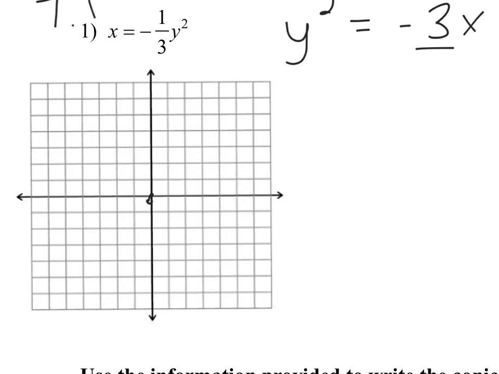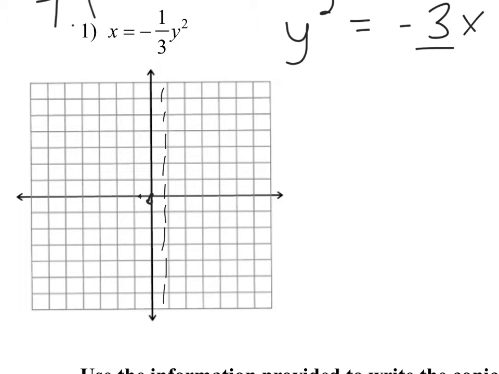So -3/4 puts the focus about right there. And then the directrix would be +3/4, so it's a vertical line going through +3/4, right about here.